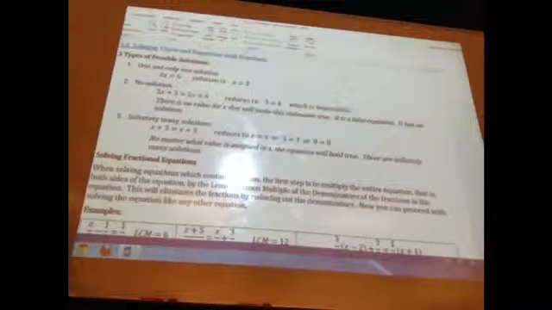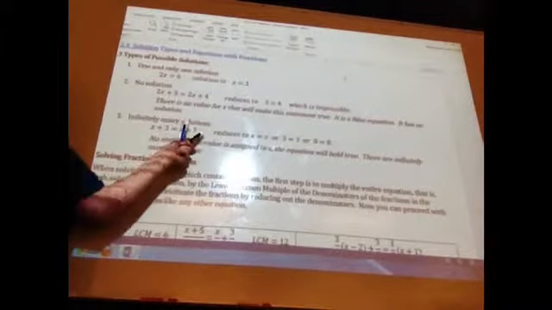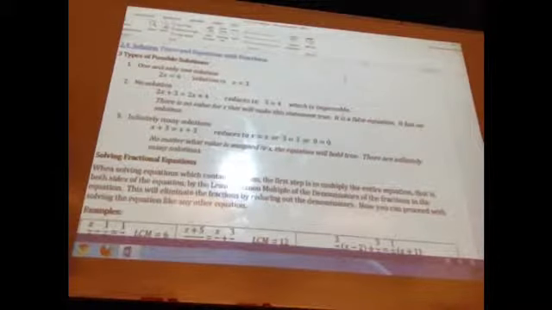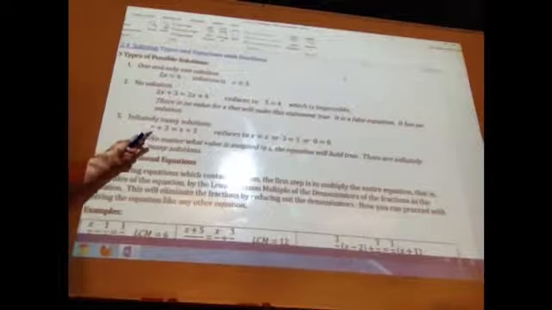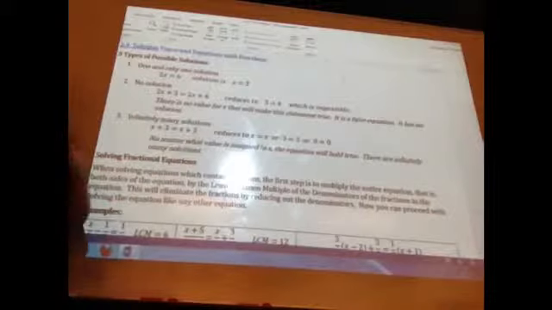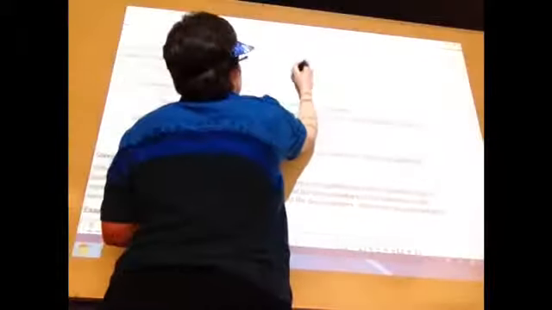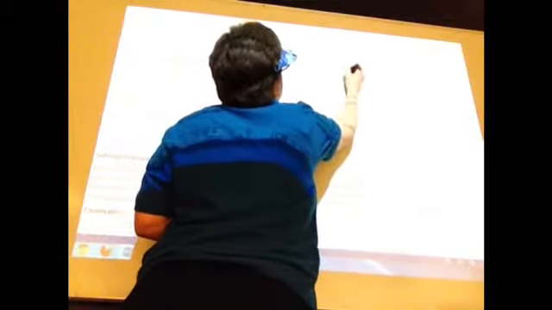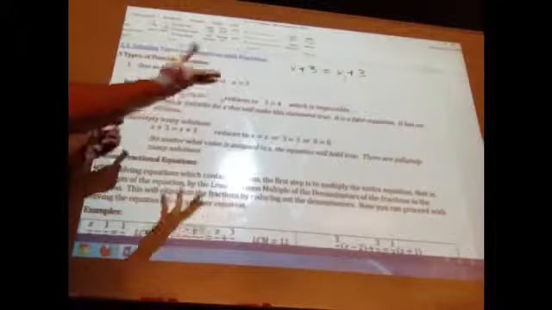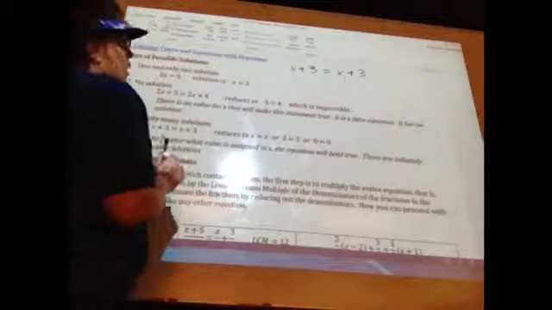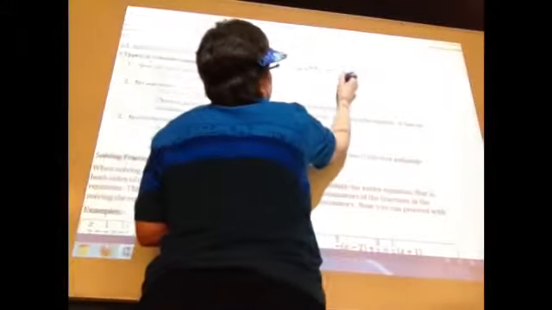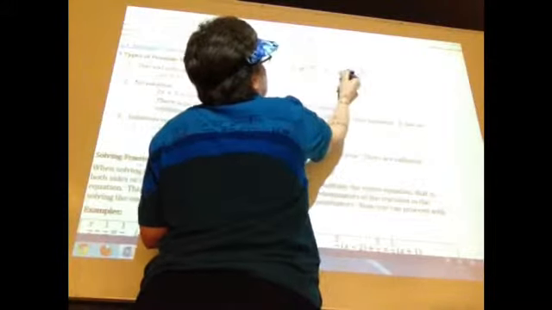The only other possibility is that we can have infinitely many solutions. So for instance, if I have x plus 3 equals x plus 3. If I solve that, I want to get all the x's on one side, so I'll subtract x from here. I have to do the same thing to both sides.